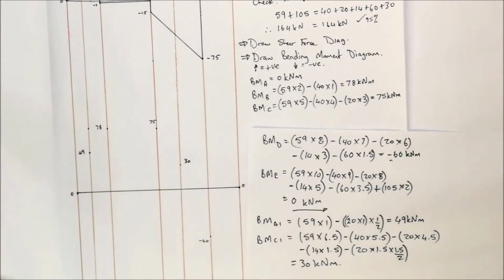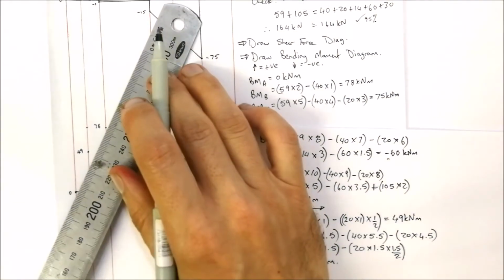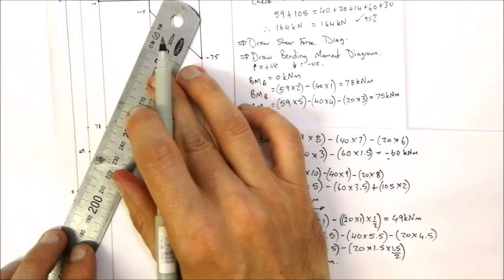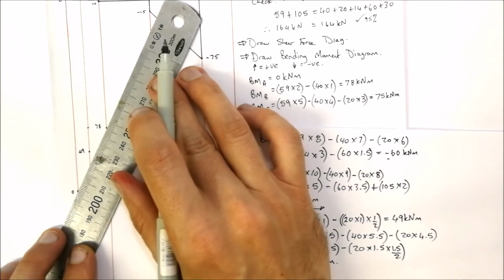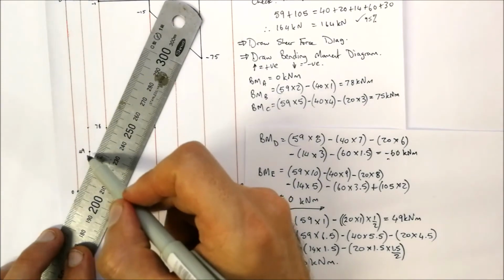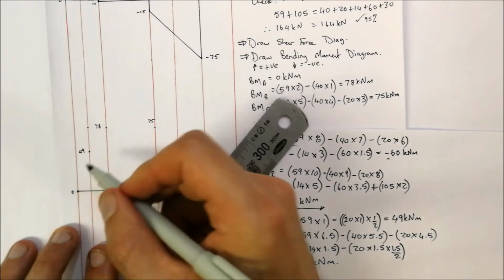So now it's again a situation of joining the dots. But we've got to be careful though. If you look at these points between A and B, it's not a linear line, as I mentioned before, and that's the reason we got this A1 bending moment over there. So it's more of a curve that is formed over there.